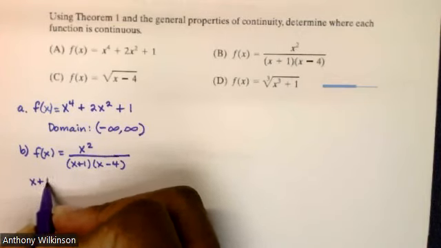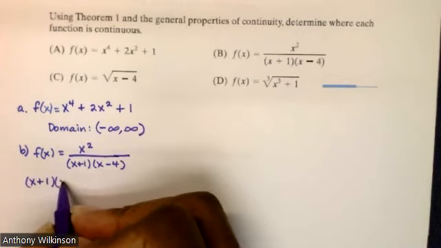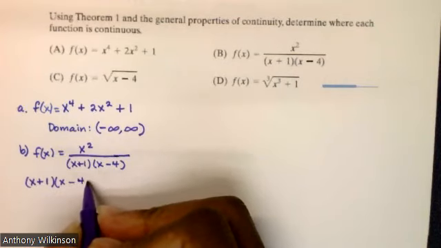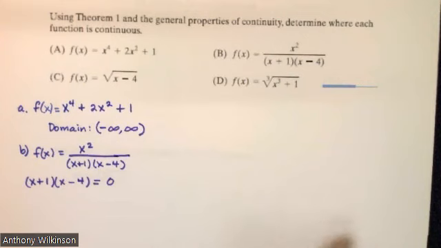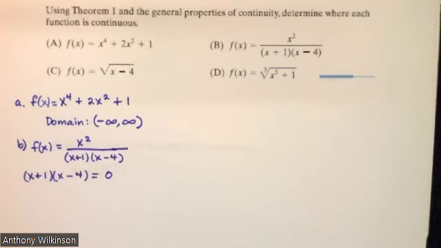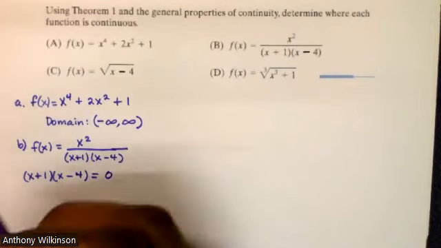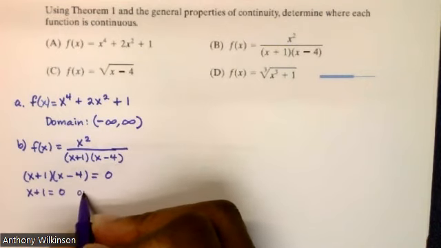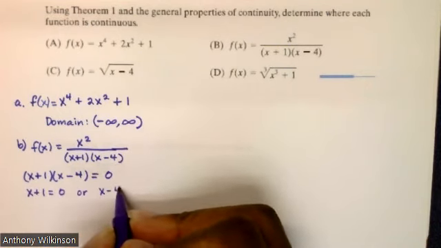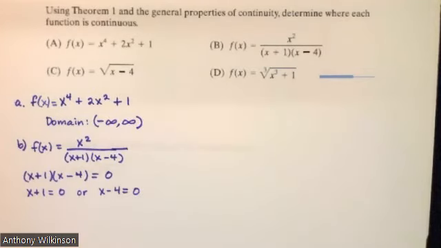So I'm going to take that x plus 1 times x minus 4, set that equal to 0. Then I'm going to set each binomial factor equal to 0. So x plus 1 times x minus 4 equal to 0 means this. x plus 1 is equal to 0, or x minus 4 is equal to 0.